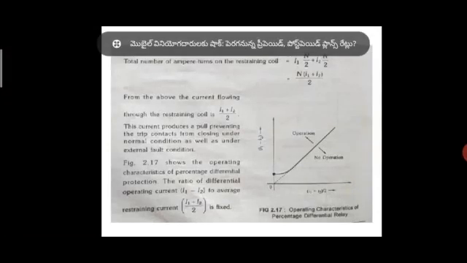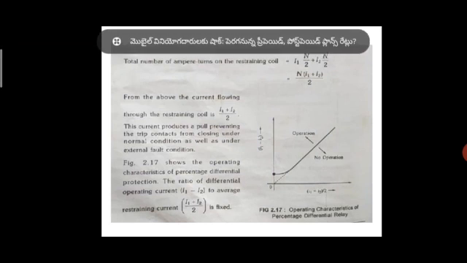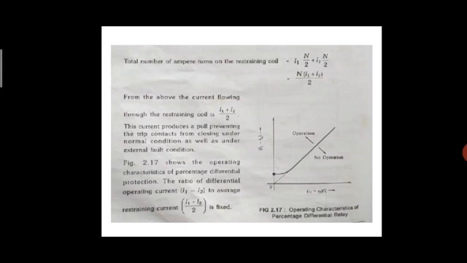See figure 2.17, operating characteristics of percentage differential relay. The graph is taken with x-axis and y-axis. The upper portion is the operating region, and the lower portion is the no-operating region. This states the characteristics of the percentage differential relay.